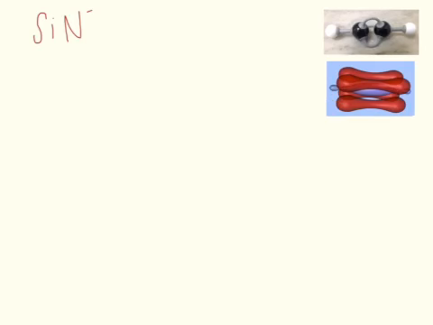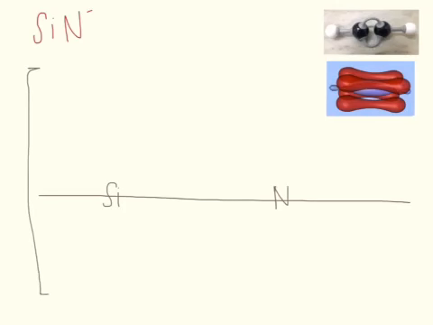Let's start out by drawing just a straight line. On this straight line we're going to have a silicon atom and a nitrogen atom, and all of this is going to have to be in brackets with a negative charge. Sorry for the spacing.